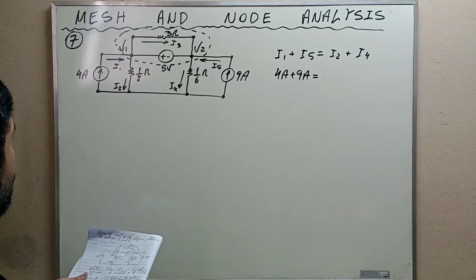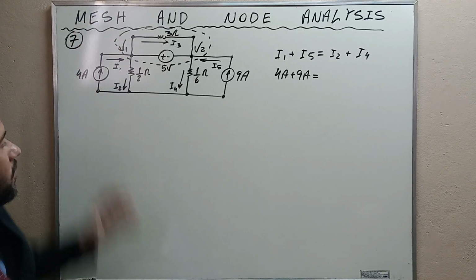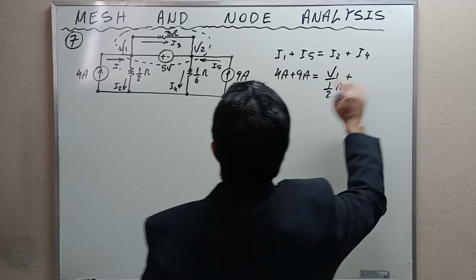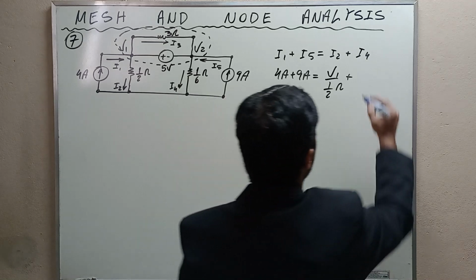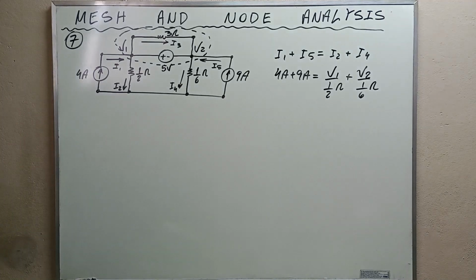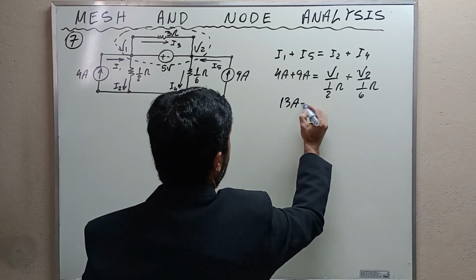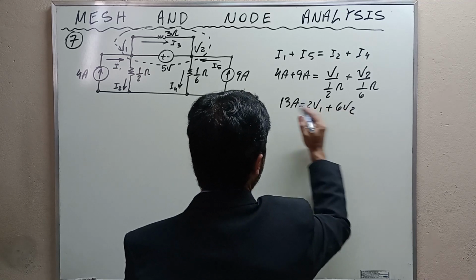I2 is V1. Observe that I2 is V1 divided by a half. And I4 is V2 divided by a sixth. If we solve, we find that 13 amps is equal to 2V1 plus 6V2.